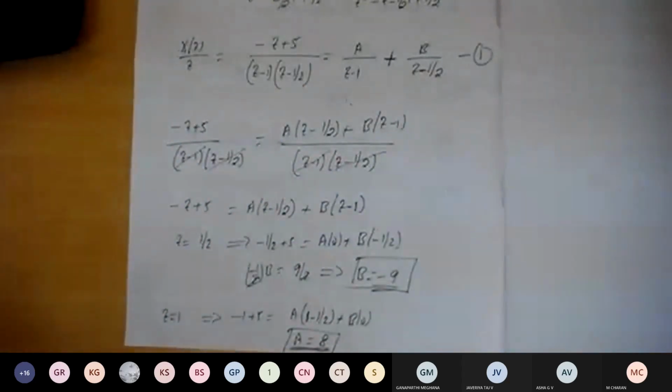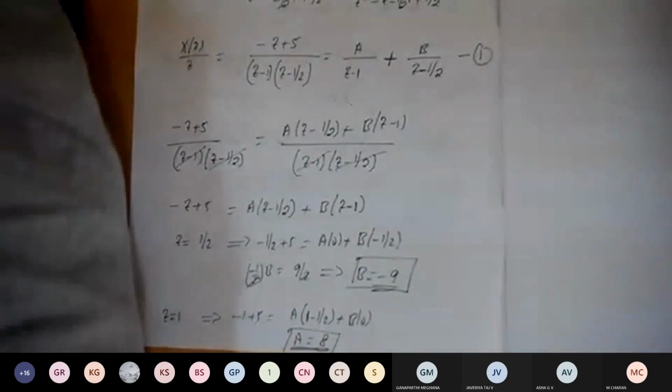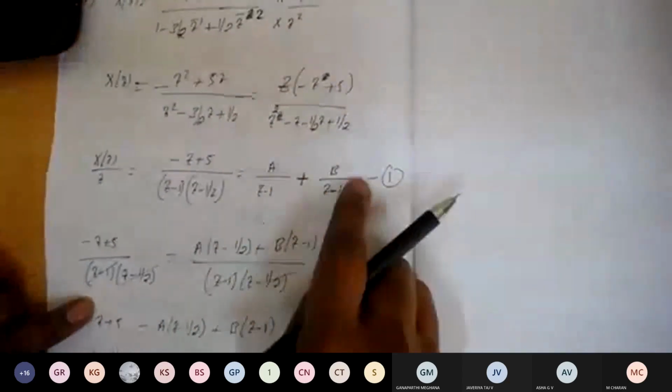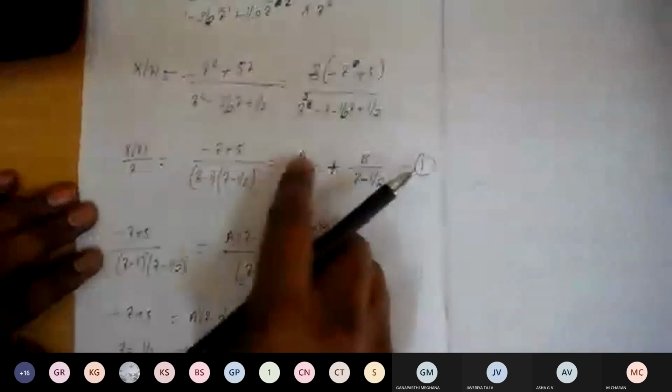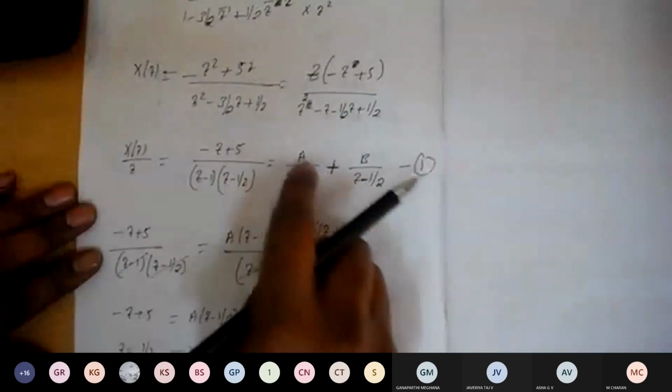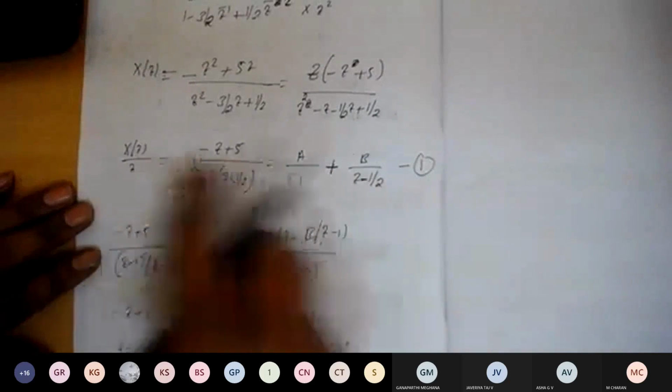Okay. So now I will substitute the value of a and b in these terms. In the meantime, I'm going to cross multiply z here so that X(z) will become a into z divided by (z - 1) and b into z divided by (z - 1/2).